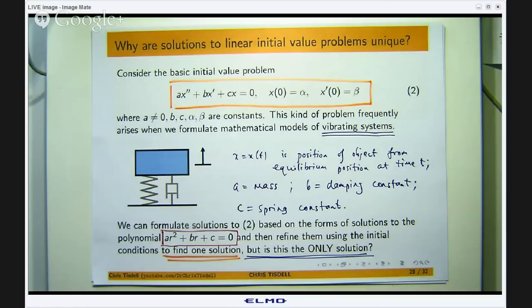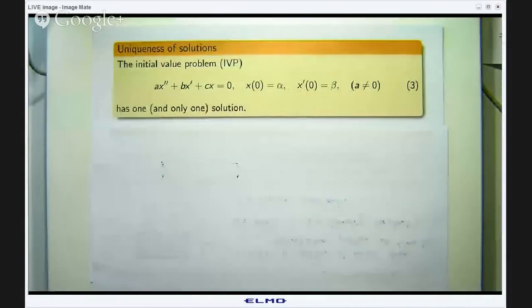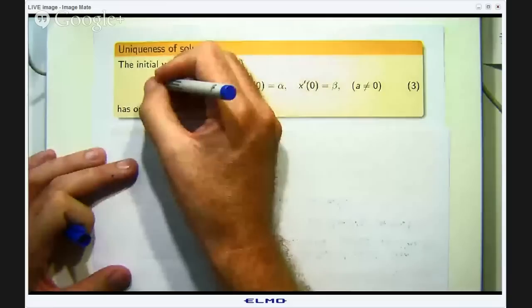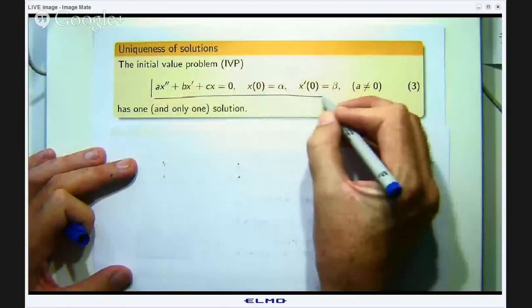So that's what I wanted to discuss today. I wanted to fill in a little gap, and hopefully you find it really interesting. So here is the result that I'm going to share with you today. This initial value problem, or IVP, with a second order linear ODE, constant coefficients, some initial conditions, A is non-zero. This problem has one and only one solution.